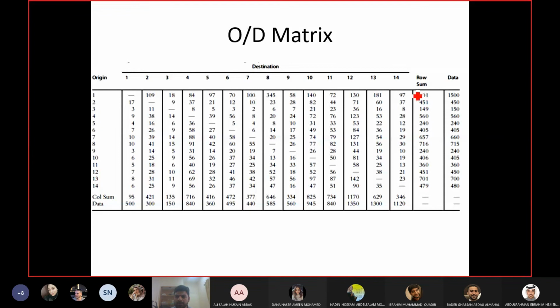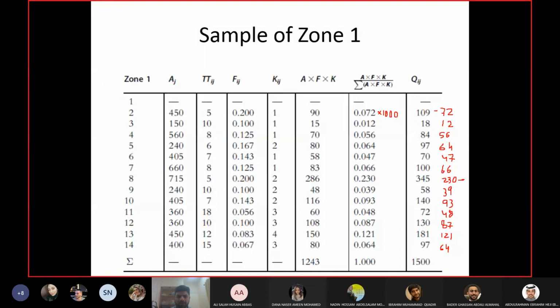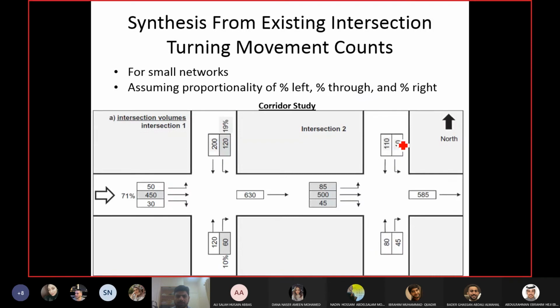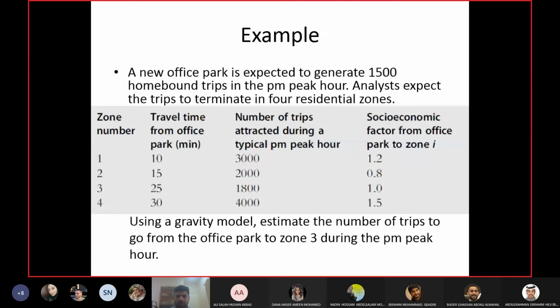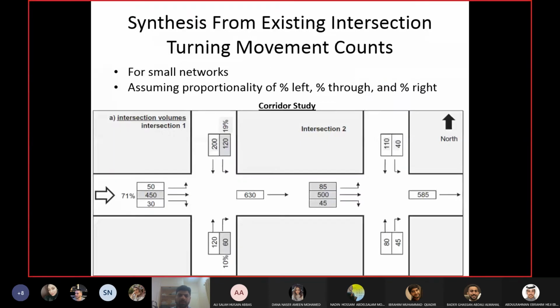Then why did they take 1500 for zone 1? Should be 750 then. I will check it again, but it seems that in trips produced, for example here, this is 1500, which is coming out.